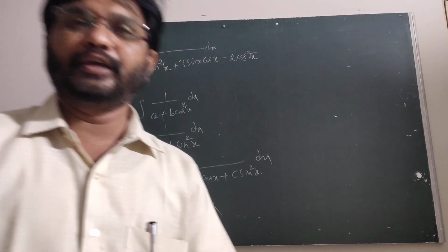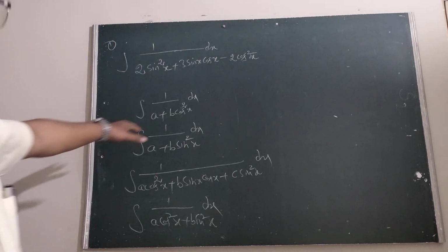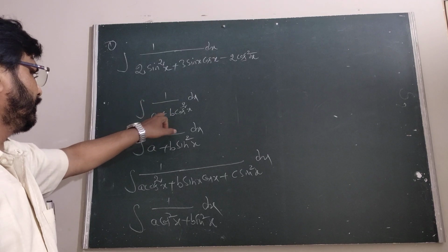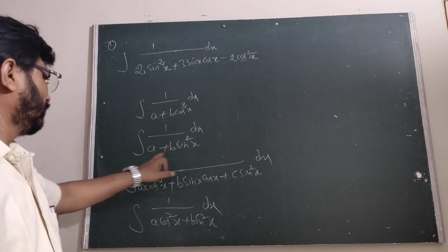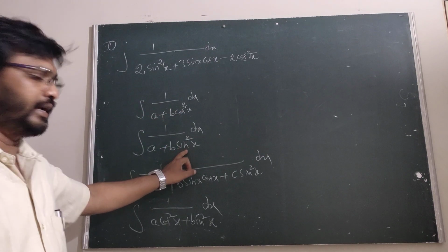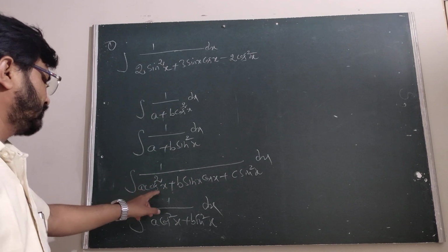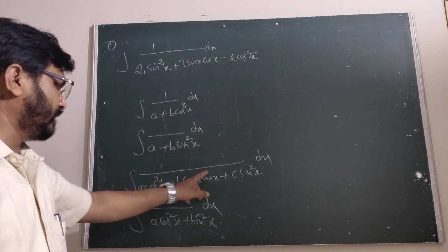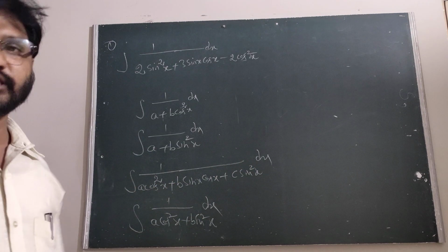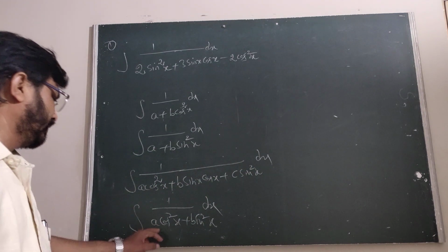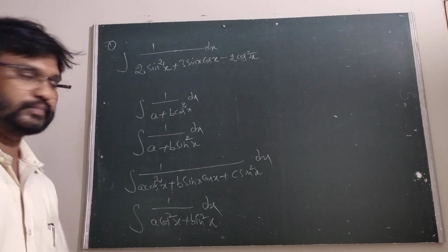So already yesterday we discussed 1 upon a plus b cos square x, a plus b sin square x, 1 upon a cos square x plus b sin x cos x plus c sin square x, and 1 upon a cos square x plus b sin square x.